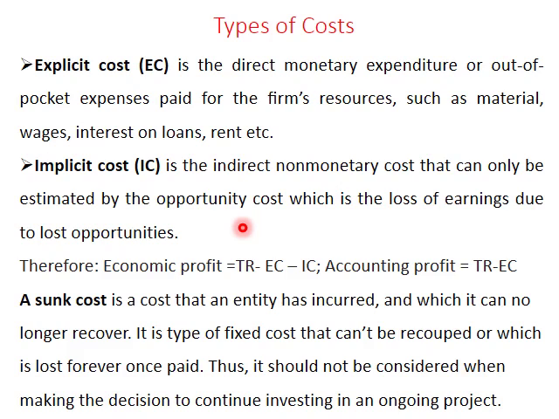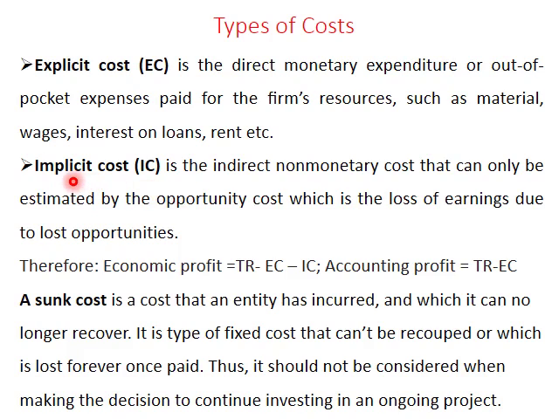If we have two choices, for example, I want to choose one by ignoring the second option. So the second option that I ignore, that I didn't select, is the opportunity cost, the missed or lost opportunity. So this cost is expressed as implicit cost.